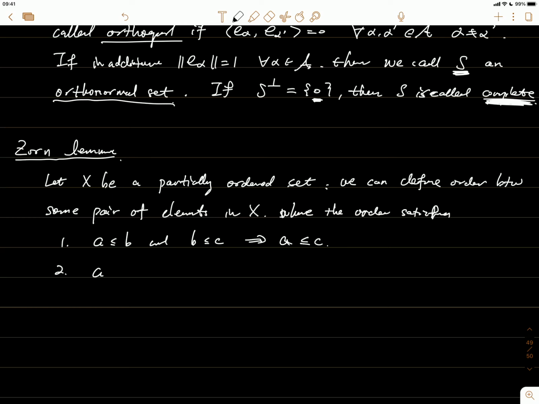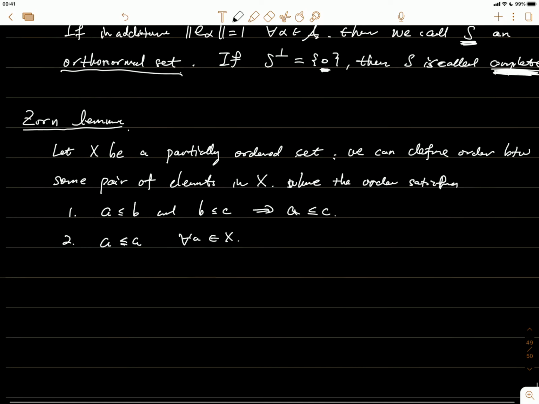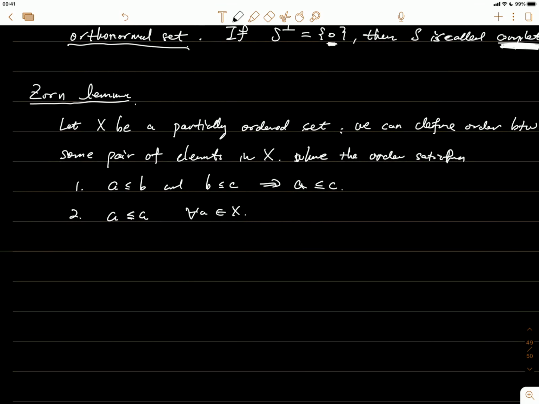The second is that an element can always be compared with itself: A is always less than or equal to A for any A in X. Okay, if the order satisfies this, then we call this X a partially ordered set.